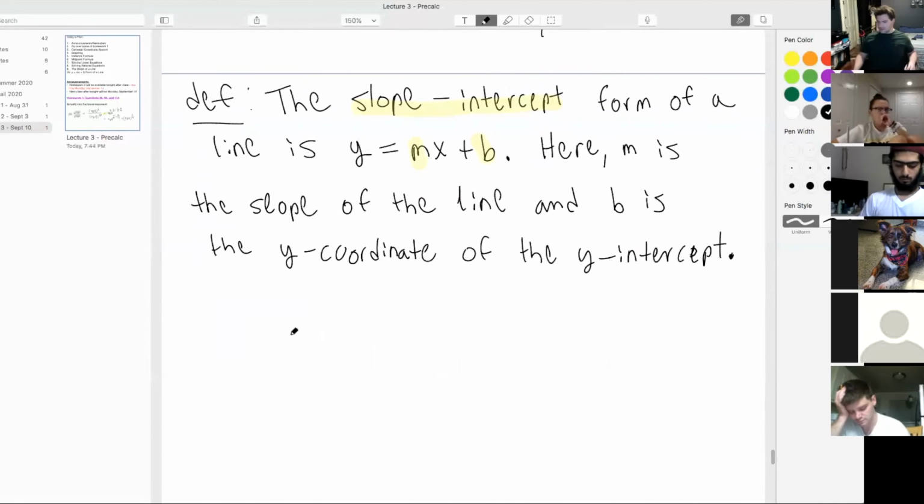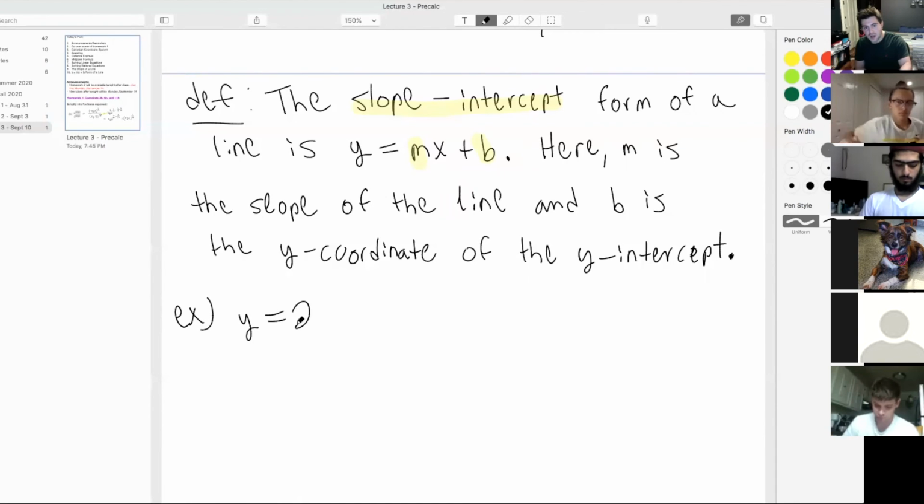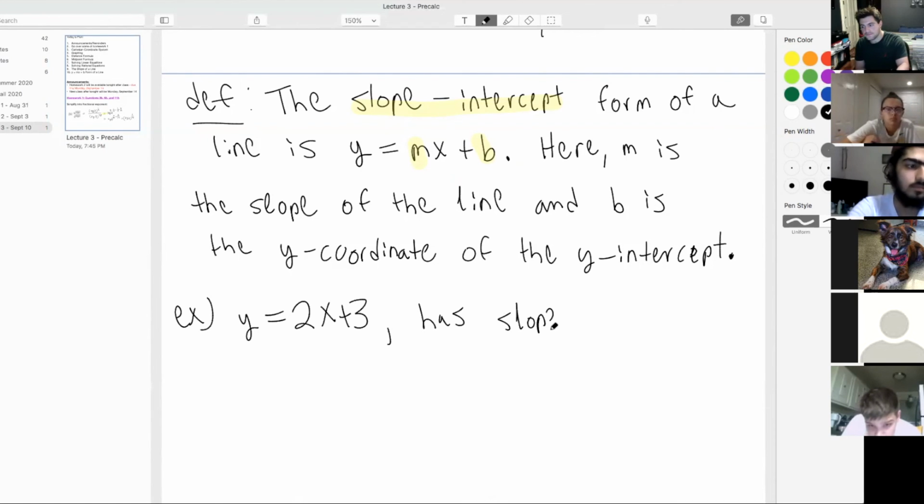Okay, so just quickly, in the example y equals 2x plus 3, this has slope m equaling 2, because that's the coefficient of x.